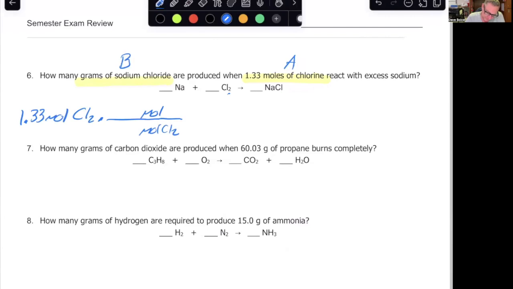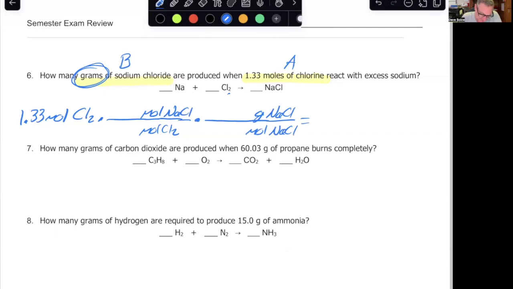And so sodium chloride is NaCl. So I have it in moles of sodium chloride, but I don't want it in moles. I want it in grams. So one more, 1 mole NaCl, and grams of NaCl. So now I have my game plan put together, but I don't have all the information I need.